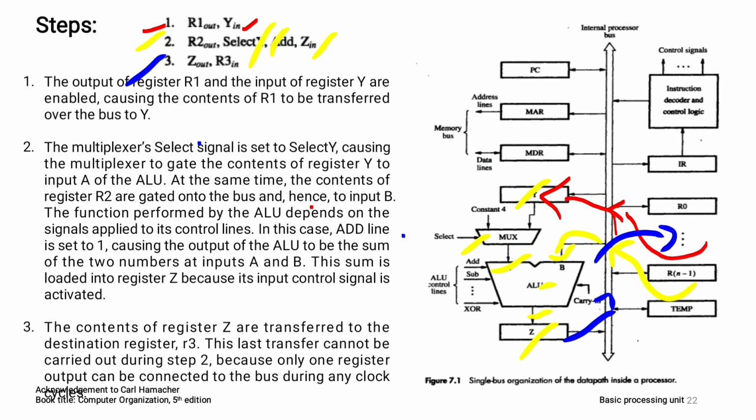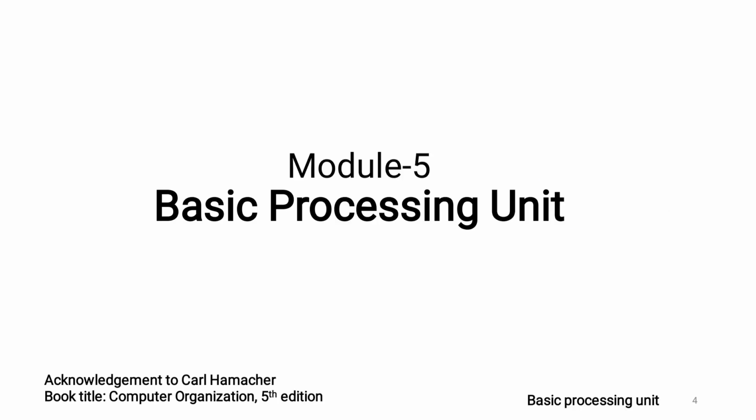Okay. So that completes the discussion on how an arithmetic or logical operation takes place inside the processor. So that is the completion of the whole discussion on the basic processing unit. So what all did we discuss in this basic processing unit?